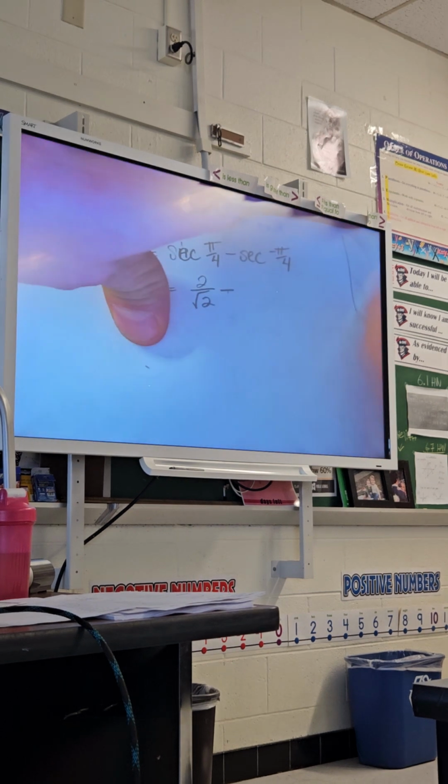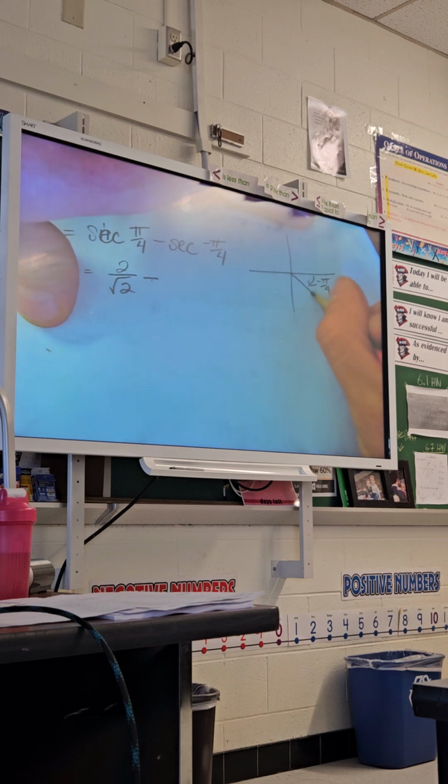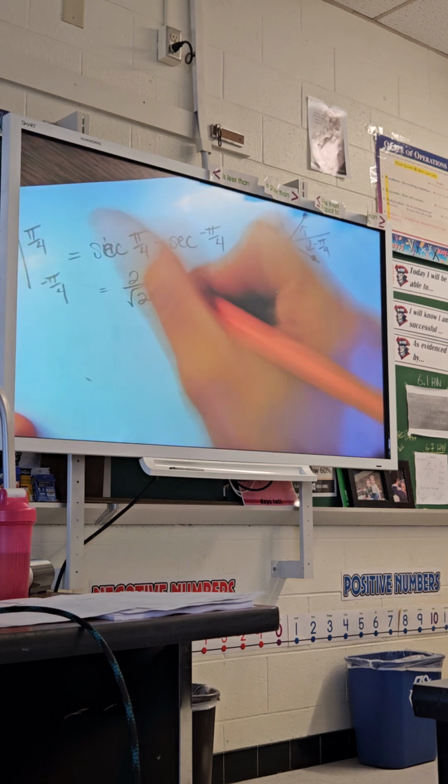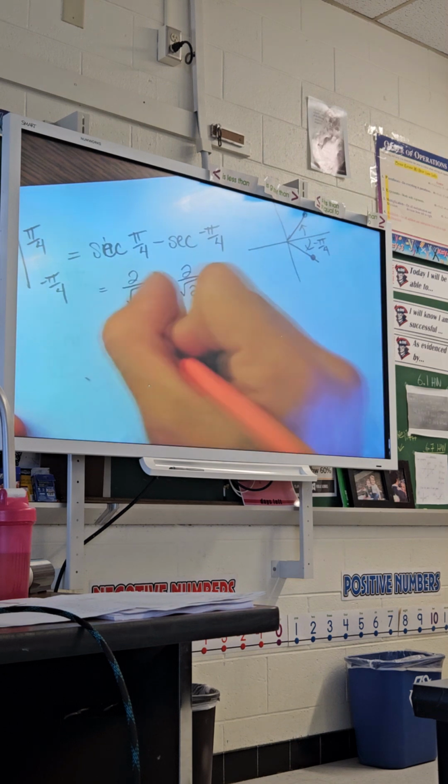We need to know that if we go down here, negative pi over 4, you're gonna get the same exact answer here as if you go up. Yeah. Because we're talking about x values. X is the same here or here. You go to the right the same distance. So it's the same. Minus 2 over square root of 2, which is 0.